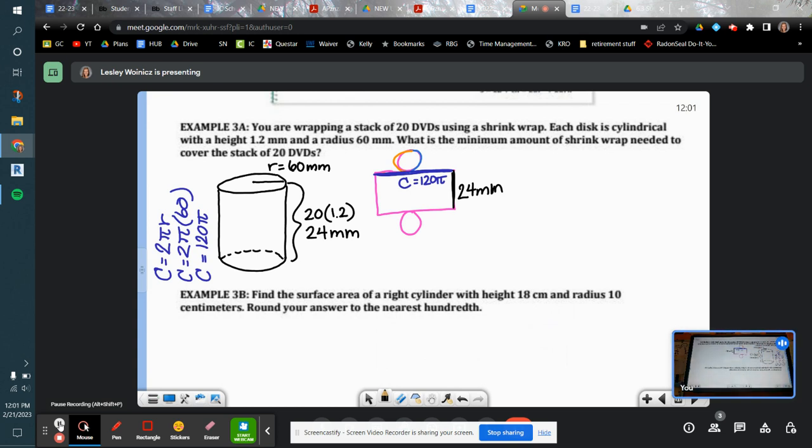So now all we have to do is add up the two circles and the rectangle and we're done.